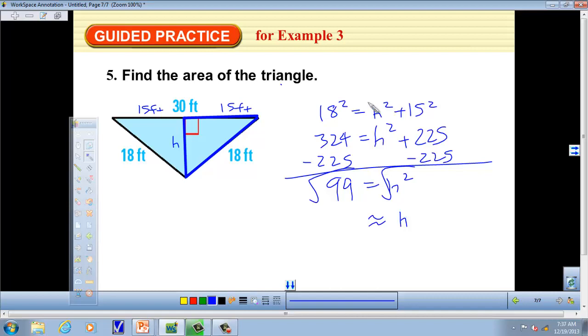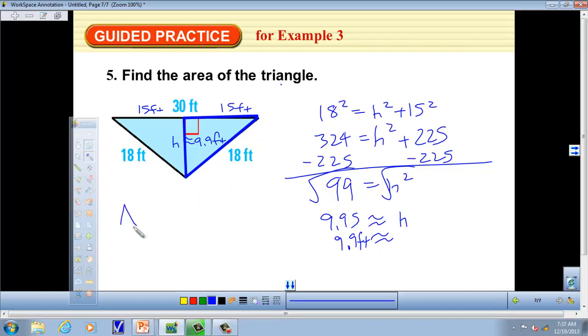Yeah, we get 9.95. So it's 9.95, we will just say 9.9. Now what I would suggest doing is keep this number on your calculator rather than using 9.9, because then your answer will be more accurate.